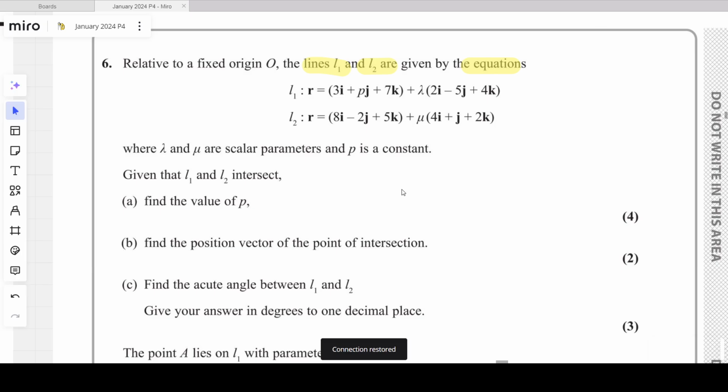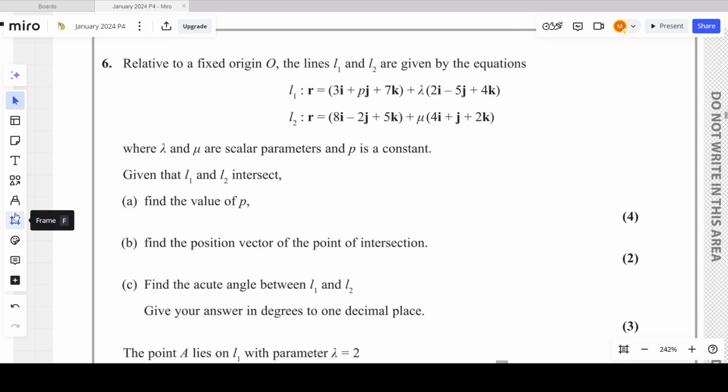Where lambda and mu are scalar parameters, and p is a constant. Given that L1 and L2 intersect, part A asks us to find the value of p.